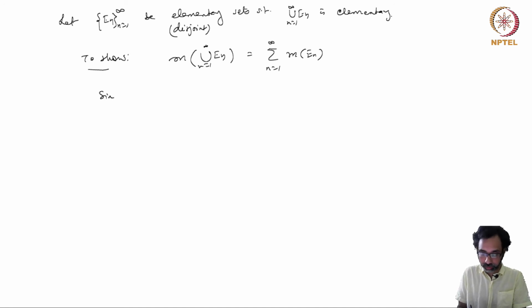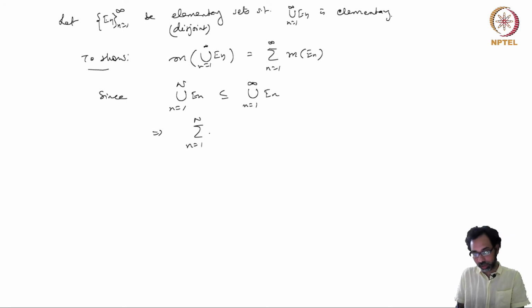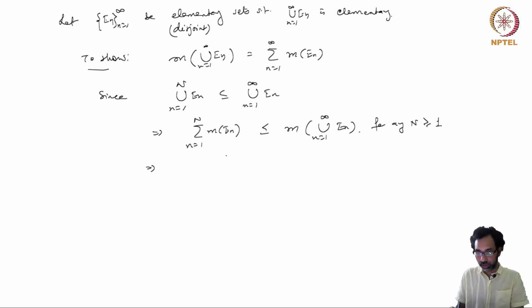On the other hand, it's easy to show that since any finite union, n equal to 1 to N, of the En is a subset of the union of the En's, this implies, by finite additivity, that this finite sum of M(En) is less than or equal to the measure of the union, for any N greater than or equal to 1.